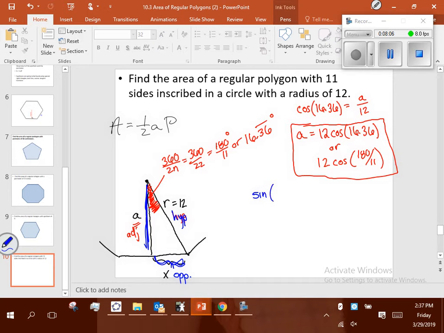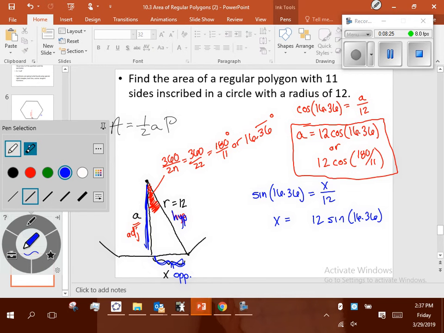So sine of 16.36 is equal to opposite over hypotenuse. So that's going to give me x to be 12 times sine of 16.36, right? And that is just that purple distance. Is that okay with everybody?